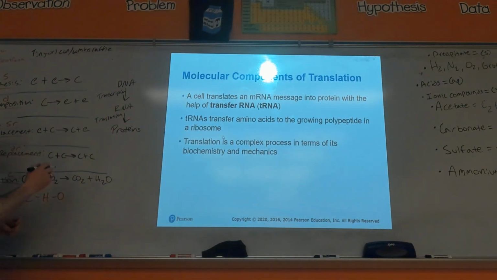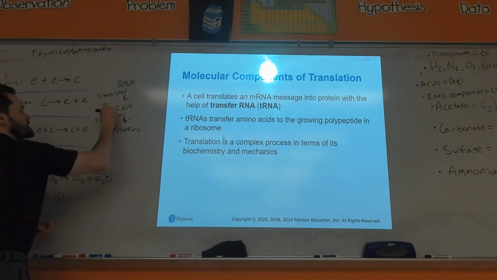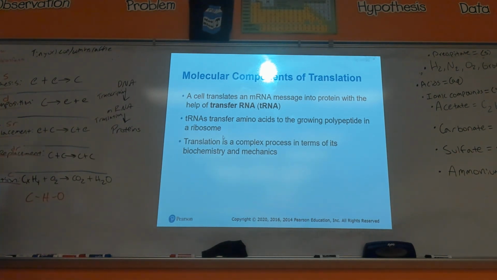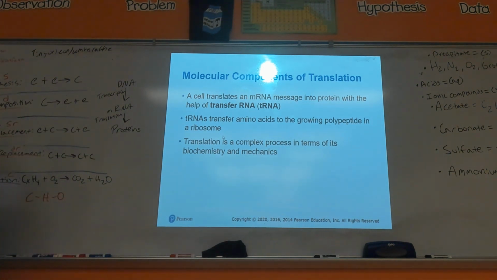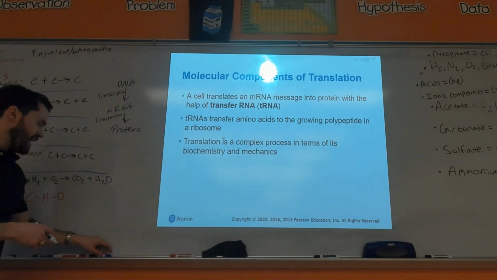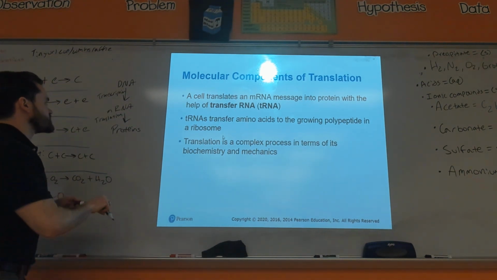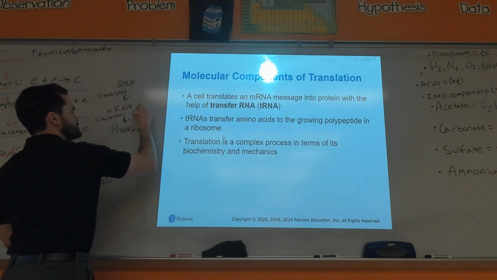Now if I were to add a little detail here, in transcription we technically make mRNA. The M stands for messenger RNA. There are actually 3 different kinds of RNA we use in protein synthesis. We have the messenger RNA, and then we also have tRNA.